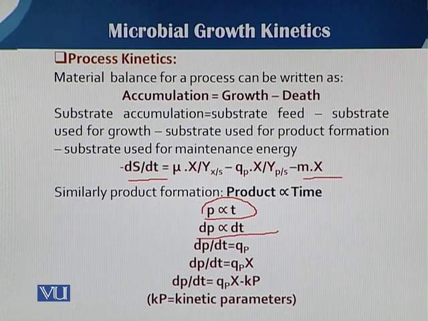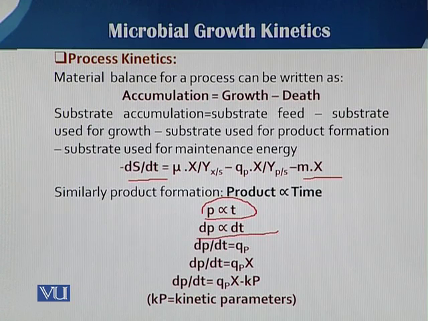If we change this proportion into a constant equation, then dP over dt is equal to Qp, where Qp is the product quotient. If the product is associated with the biomass, meaning the product is directly linked with the biomass concentration, as mostly happens in batch culture fermentation, then dP over dt is equal to Qp dot x.